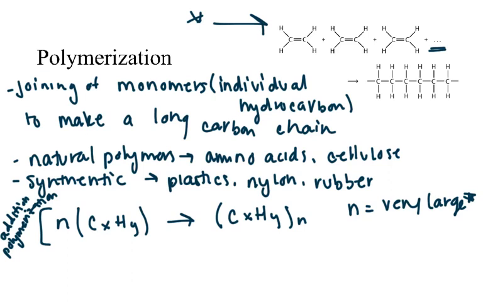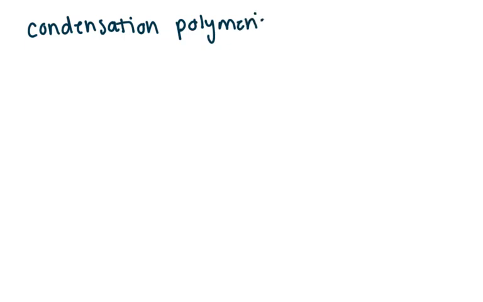And then we also have a type of polymerization called condensation polymerization. I'm going to open a blank slide to write this on since I ran out of room on this page. So we're going to do condensation polymerization. Again, these are just concepts that you need to be familiar with and need to know. We're not going to be looking at a lot of these crazy reactions.